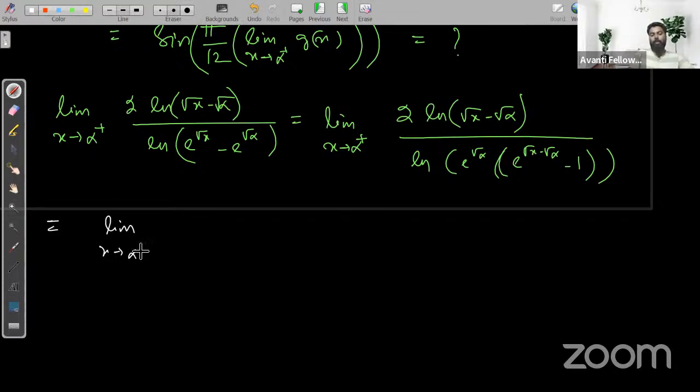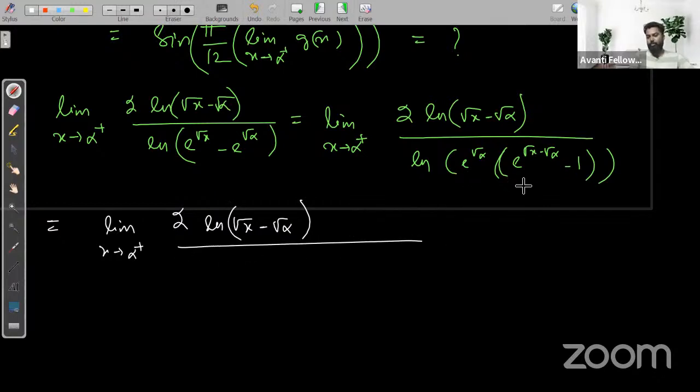The limit as x tends to alpha plus of 2 into ln of root x minus root alpha divided by, if you use the properties of logarithms, ln of xy is log of x plus log of y, that is ln of e raised to root alpha plus ln of e to the power root x minus root alpha minus 1.